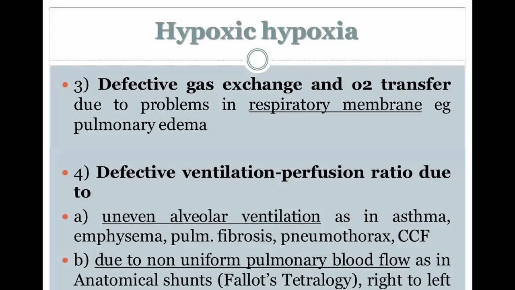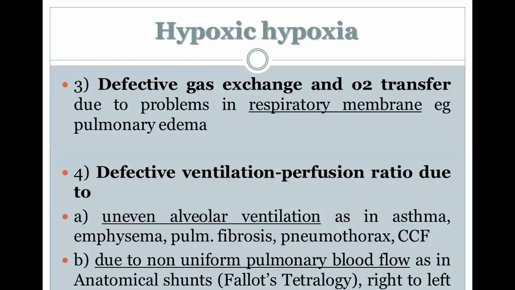It's normal. Okay? So it is a normal gradient of 10. The alveolar is 110, and the arterial is 100, so the gradient is 10. Let's take another example. The patient has pneumonia or pulmonary edema.